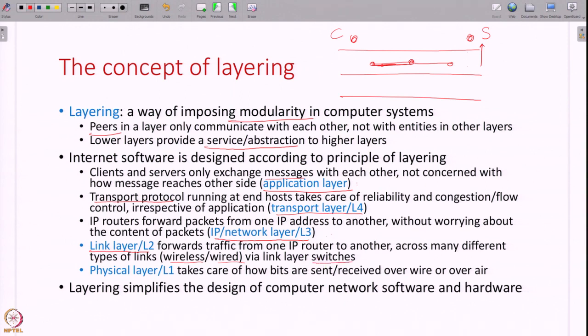The link layer has a bunch of switches which forward traffic. And finally you have the physical layer, layer 1, which is how bits are sent over the wire or over the air. This concept of layering simplifies the design of network software and hardware, because each layer is only worried about its functionality and not what is happening everywhere else on the internet.